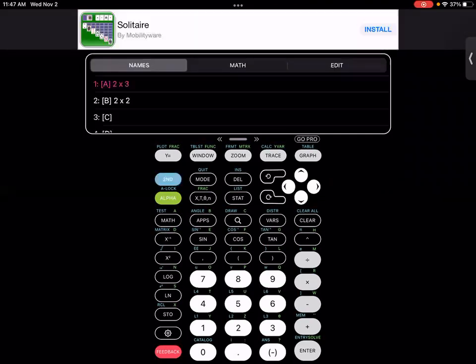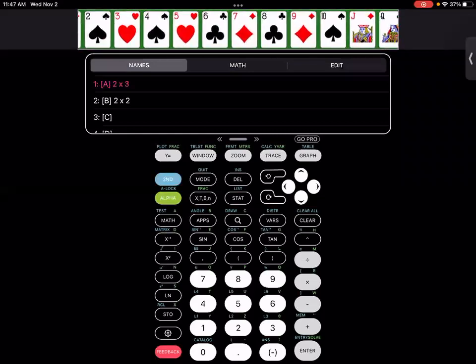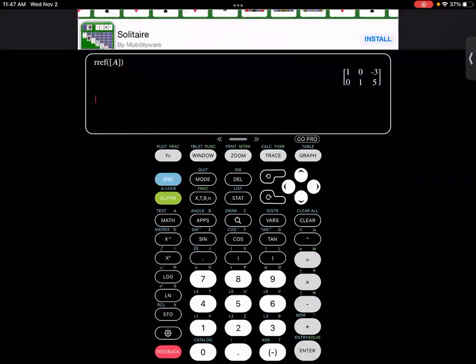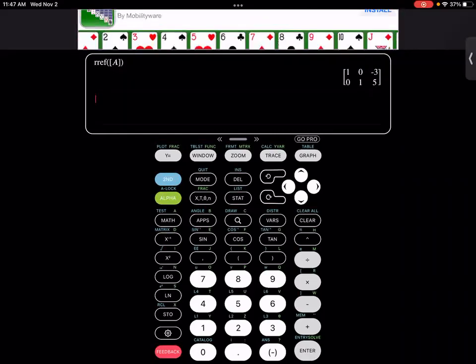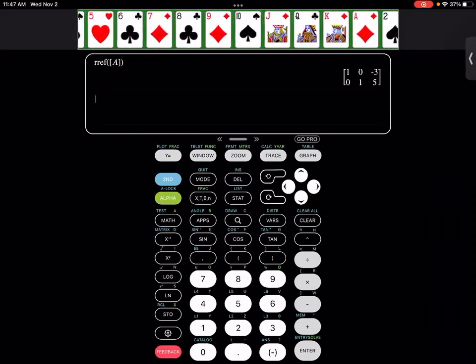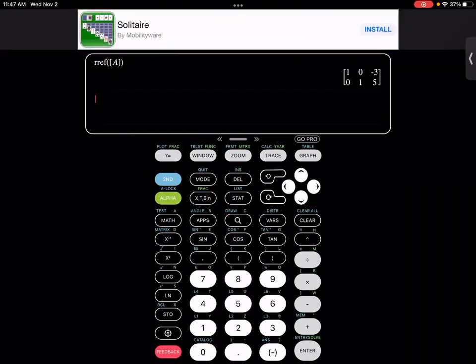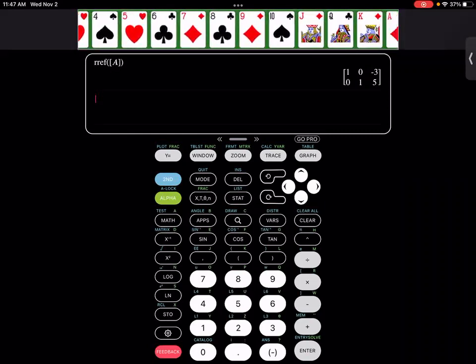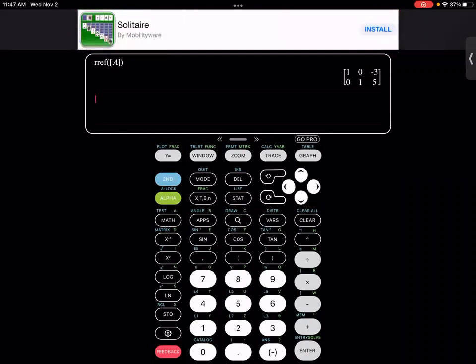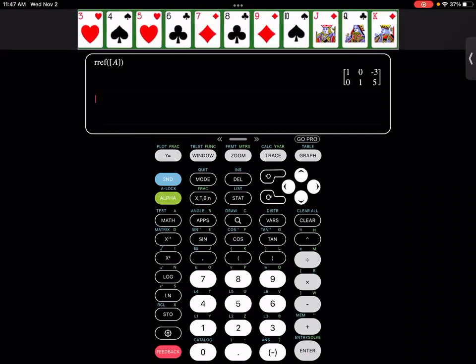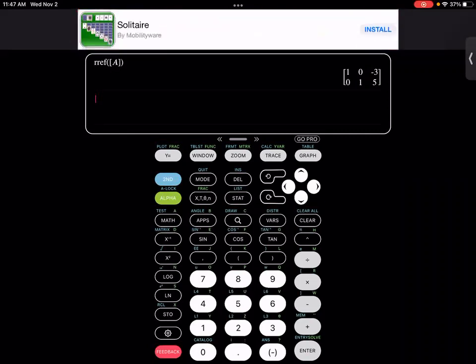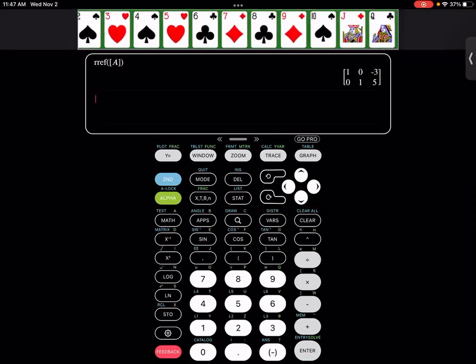Second matrix again. I put it in matrix A, so press enter. There's your solution. So on the exam, I give you the answer, show me the work. So X is negative 3, Y is 5, the last column.